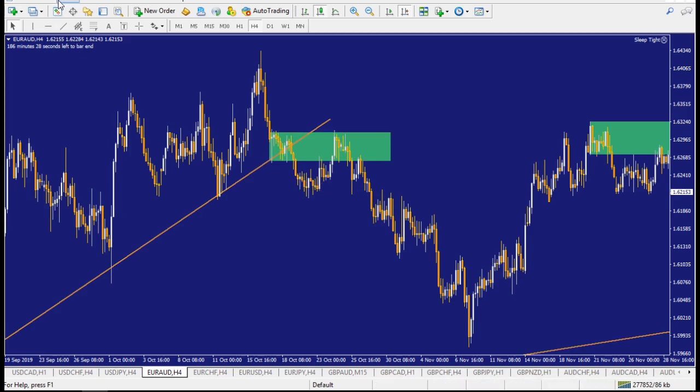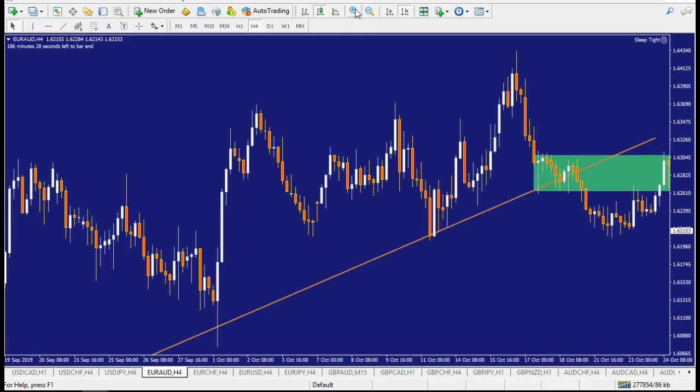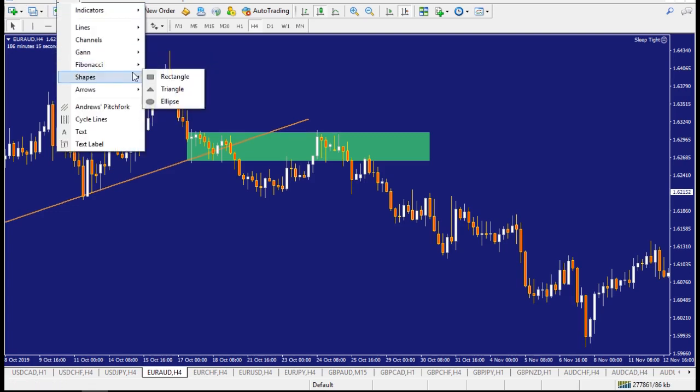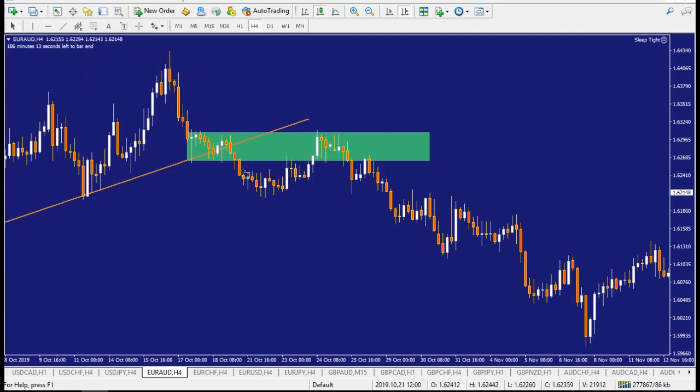Let me just zoom in to make sure that you're seeing what I'm seeing. Just focus with me here. Breakout from this zone, we formed another zone.